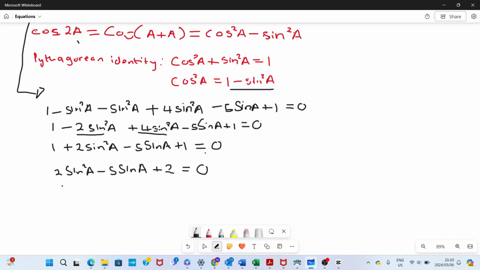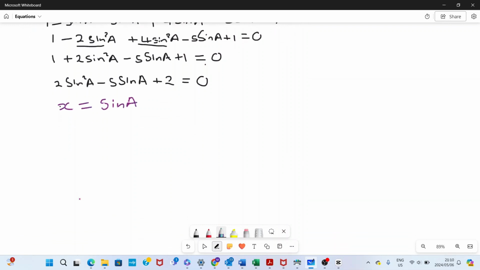To make this look better for you, if you substitute x wherever you see sine of a, you will realize that what you will have here is a quadratic in x.